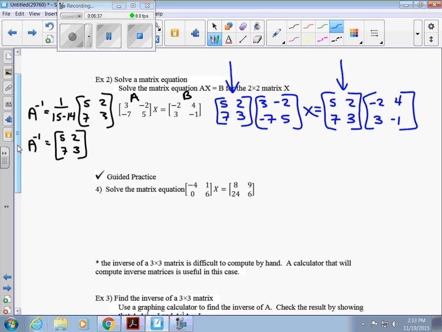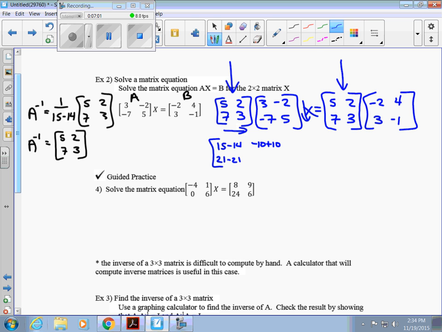If we multiply, remember, we're going across here and down this side, we're going to get 15 plus negative 14. And that's going to give us 1. And then we're going to get negative 10 plus 10, which is 0. 21 minus 21, which is 0.